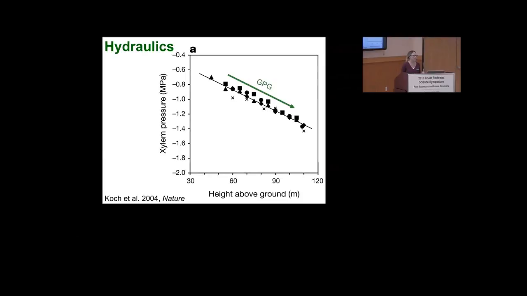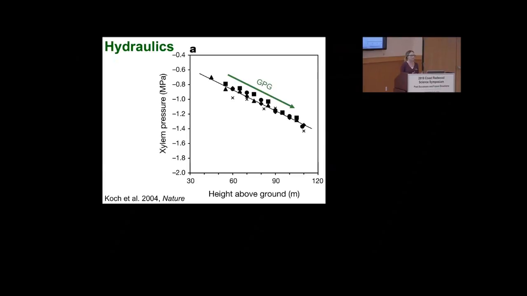So we call this the gravitational pressure gradient. For every meter of height that water has to be slurped up in a tree, the water potential decreases by about 0.01 megapascals. So what that means is at 100 meters in a tree, the most relaxed that foliage could possibly be would be -1 megapascals.